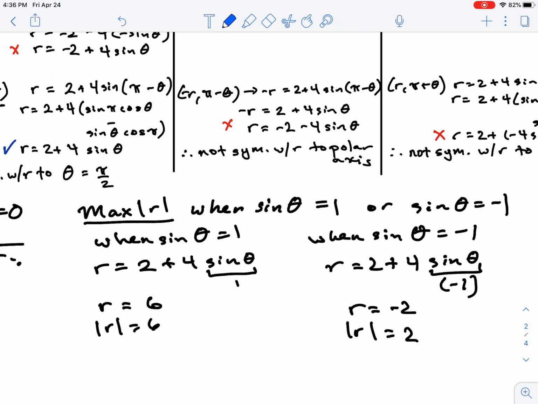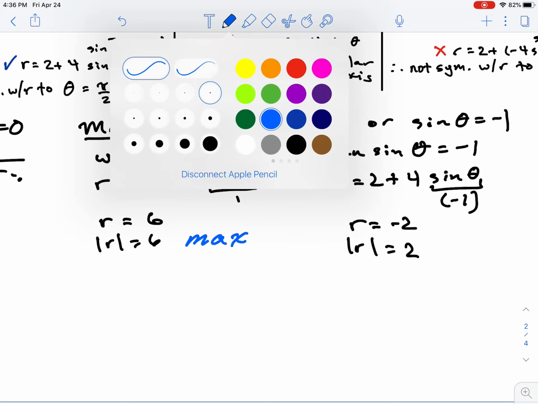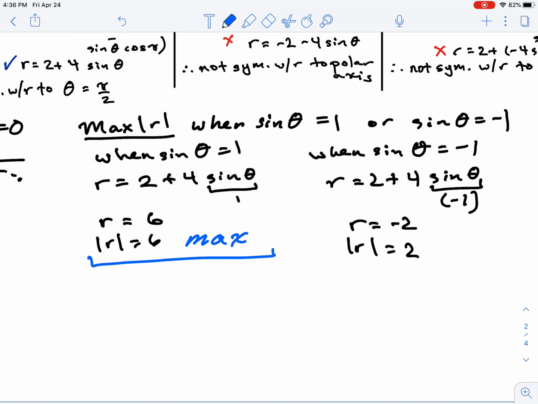Which one is larger? Clearly 6 is greater than 2, so the maximum value of r here is 6. Since the maximum r value is 6, when does that occur? The max occurs when sine of theta is equal to 1.